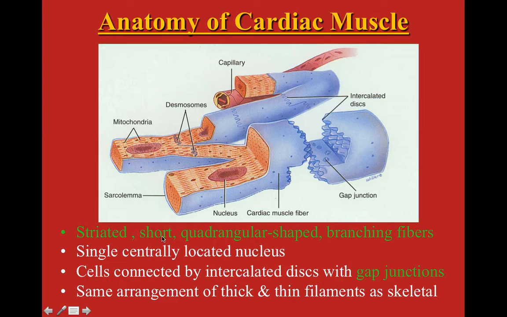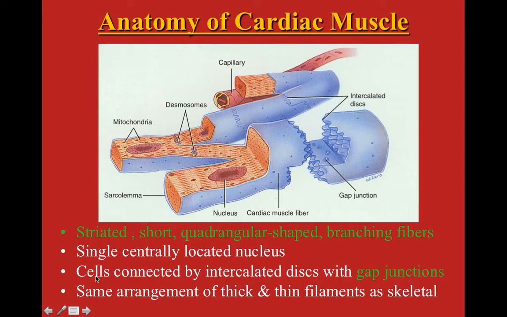They're short, they're not long. They're quadrangular shaped, which means they have kind of a rectangular shape, but then they branch off. The muscle fibers of cardiac tissue do branch. And there's a single centrally located nucleus in the cardiac muscle fiber.